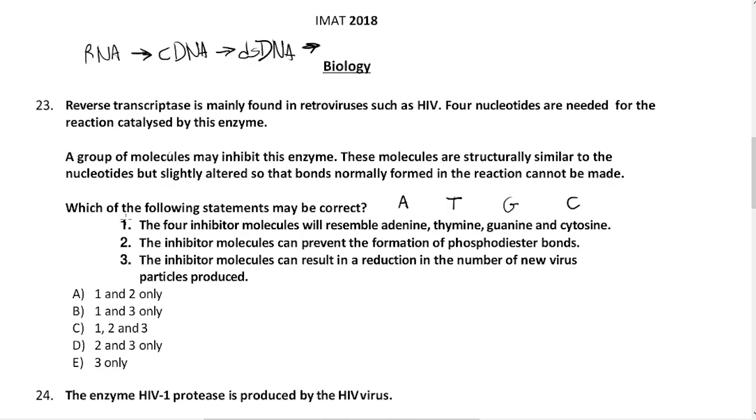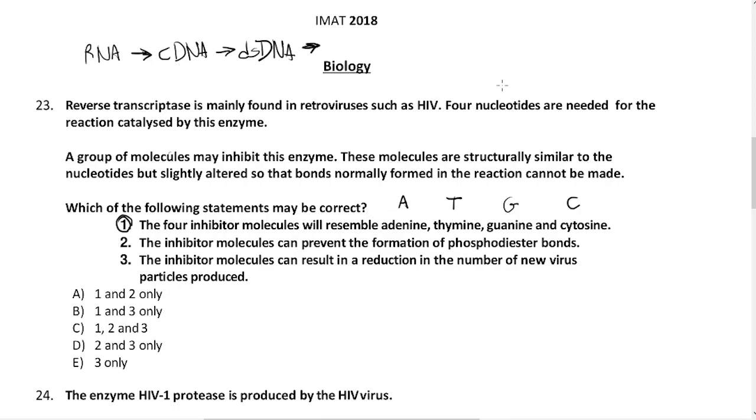So the first statement is actually true, because in order to transcribe RNA to cDNA, we need the 4 nucleotides, and those nucleotides will be adenine, thymine, guanine, and cytosine, because we are trying to make DNA.